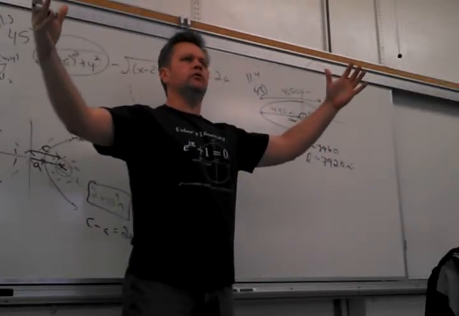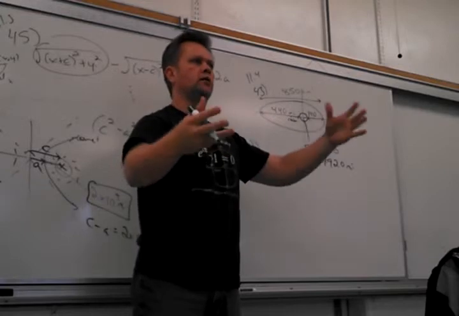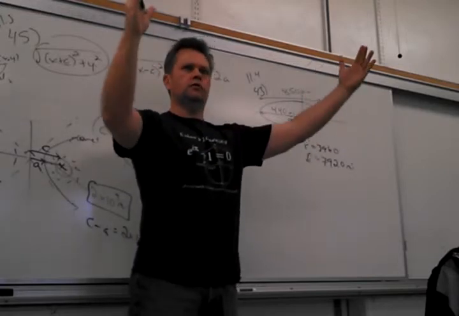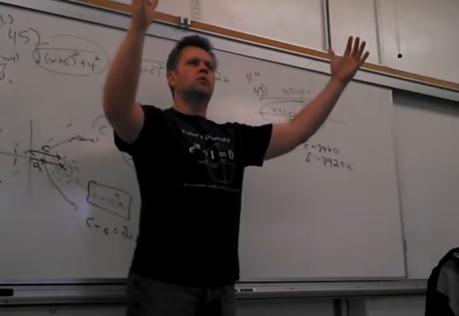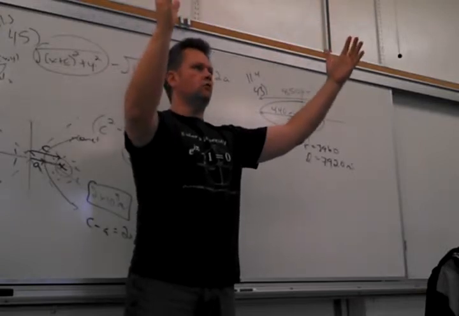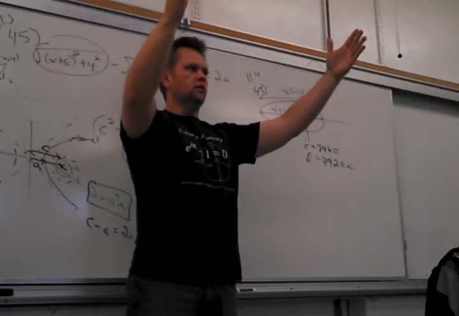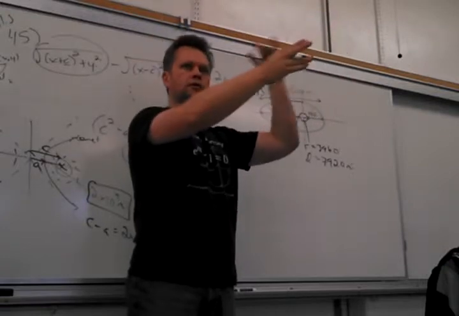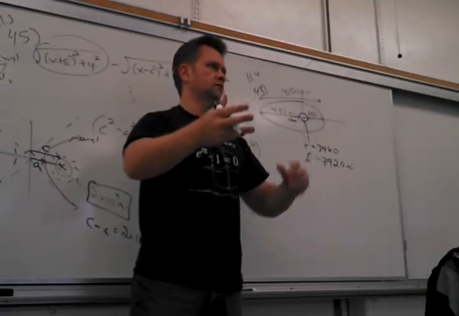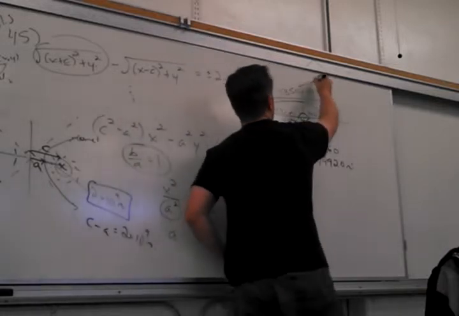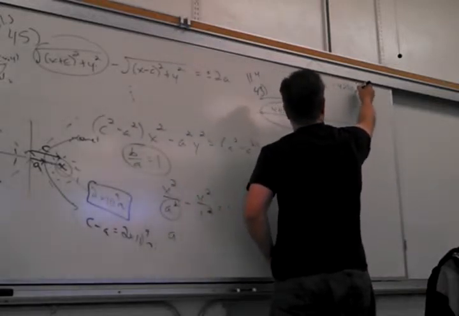And what is that in relation to terminology about an ellipse? That is the major axis. So what would A be if we call A the thing under the major axis? It would be half of that. So A will be 4250.